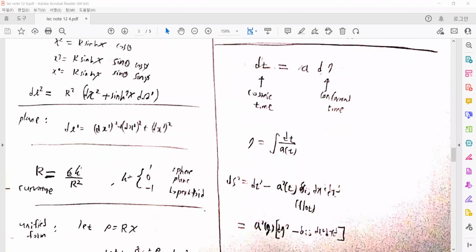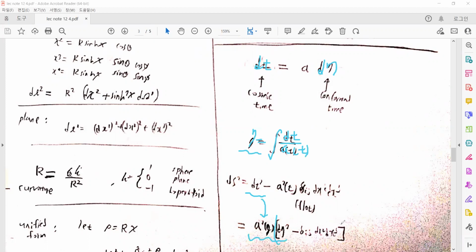Also, we can define other coordinates, the conformal time, in place of the cosmic time dt. The conformal time is defined by the integral of dt over a. If we define the conformal time like that, then dt can be changed like that.